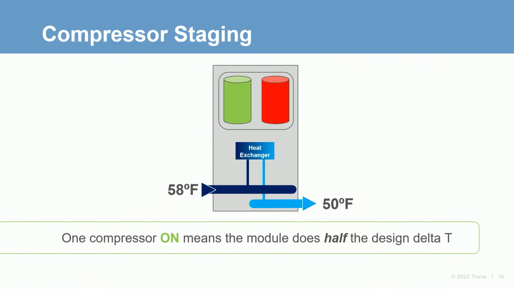This picture demonstrates part load operation with 58 degrees coming back to the chiller and only 1 compressor running instead of 2. Note this does not happen instantaneously. There is a delay, typically several minutes, between each compressor start and stop, allowing the modular chiller time to adjust to a dynamic system. 1 compressor running does half the design delta T, 8 degrees in this case.